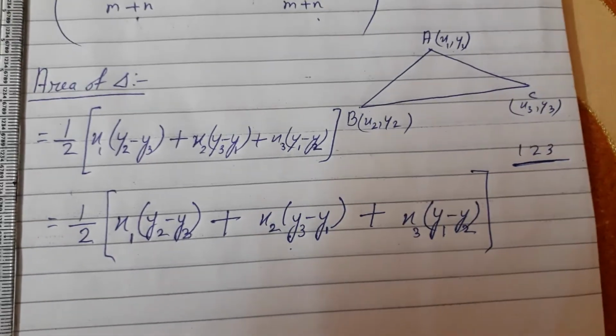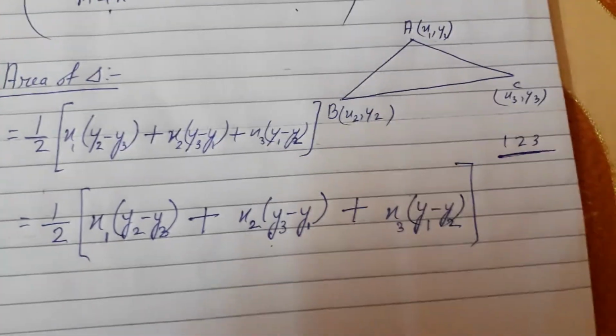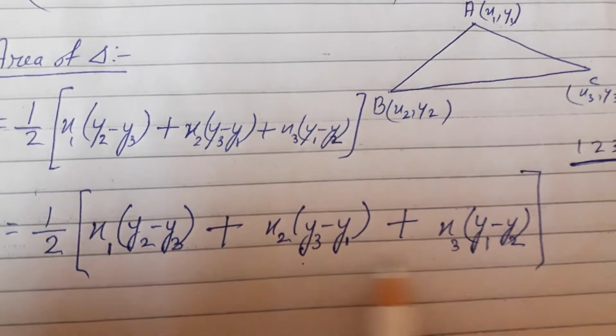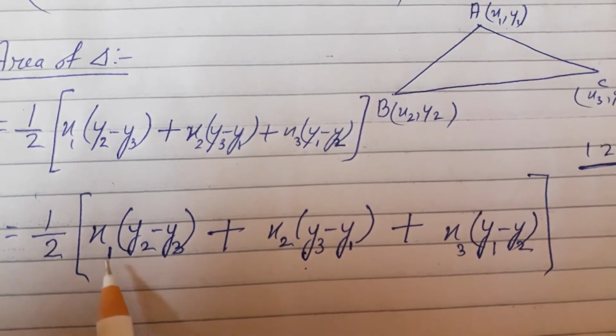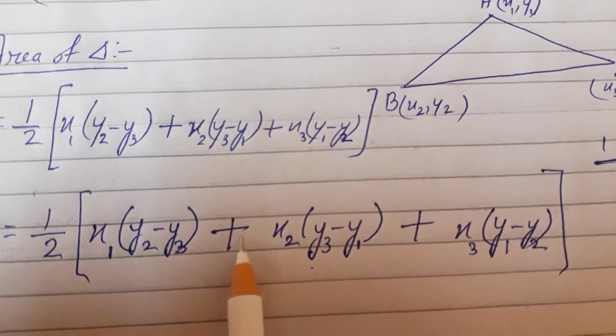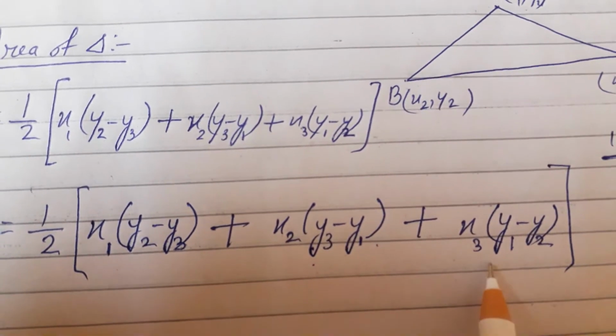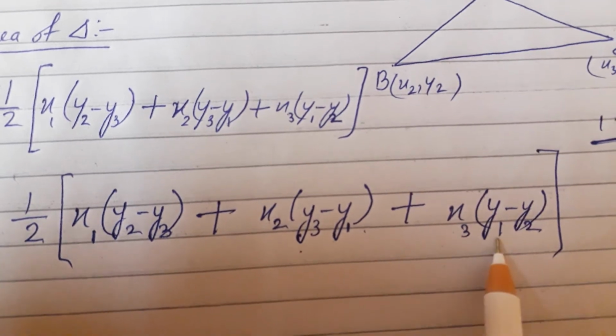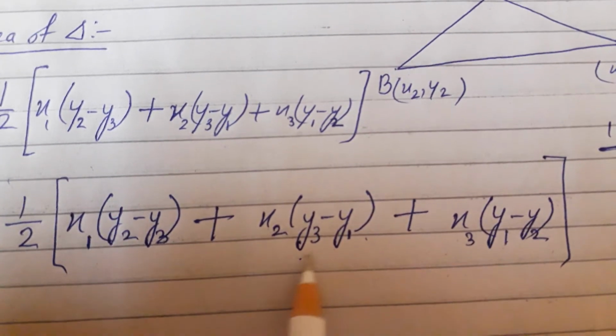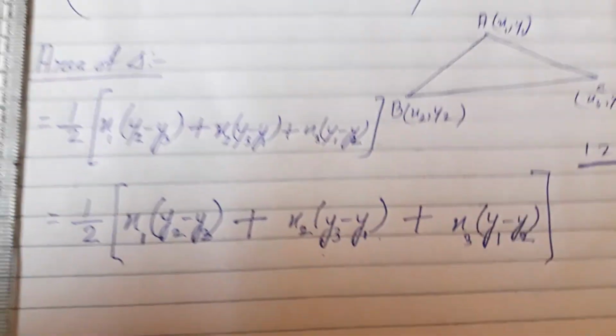Now see, this formula is very clear to you. See, here only the numbers are rotating. First you start from 1: 1, 2, 3. Second you start from 2: 2, 3, 1. In the third case you start from 3: 3, 1, 2. Now see, it's very easy.